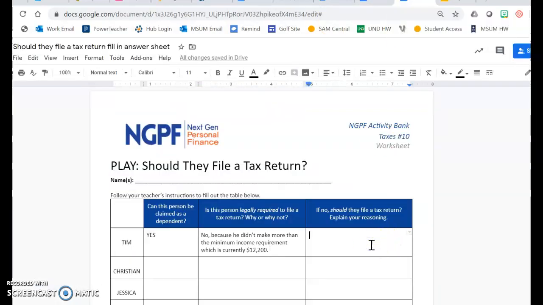It says, if no, should they file a tax return? Explain your reasoning. Yes, we want to say, right? It's always good to file a tax return because he'd be more likely to get a refund on any taxes that were withheld from his paycheck.